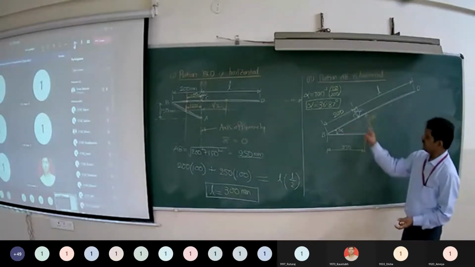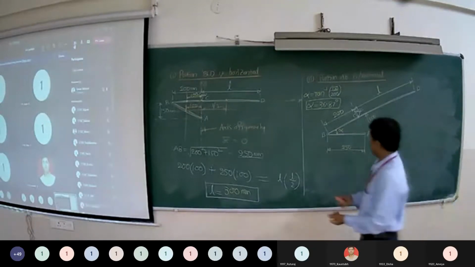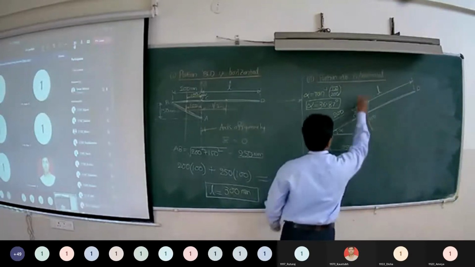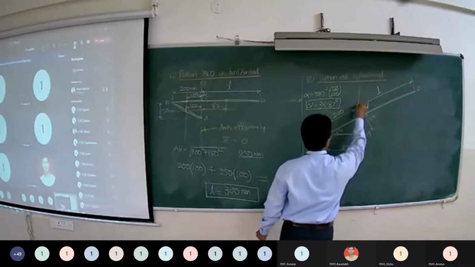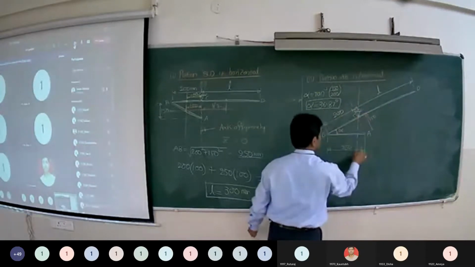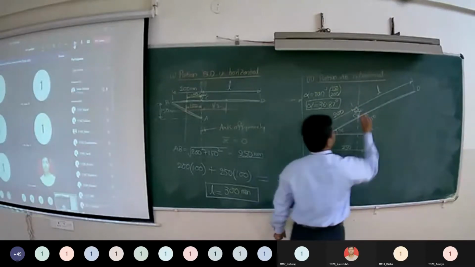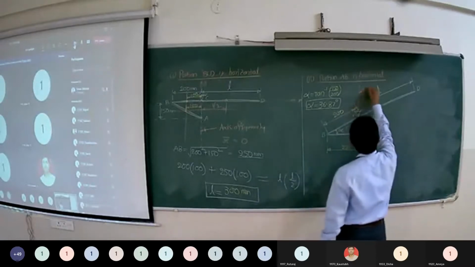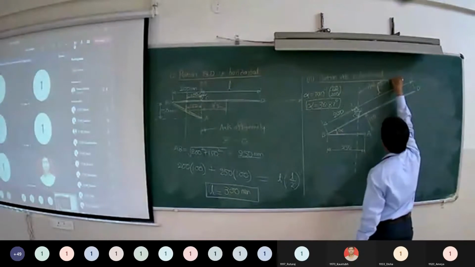Okay, now it is suspended from point C. We know that when a body is suspended from any point, the center of gravity of that body will be located on the vertical line passing through the point of suspension. Hence, that vertical line can be called the axis of symmetry.